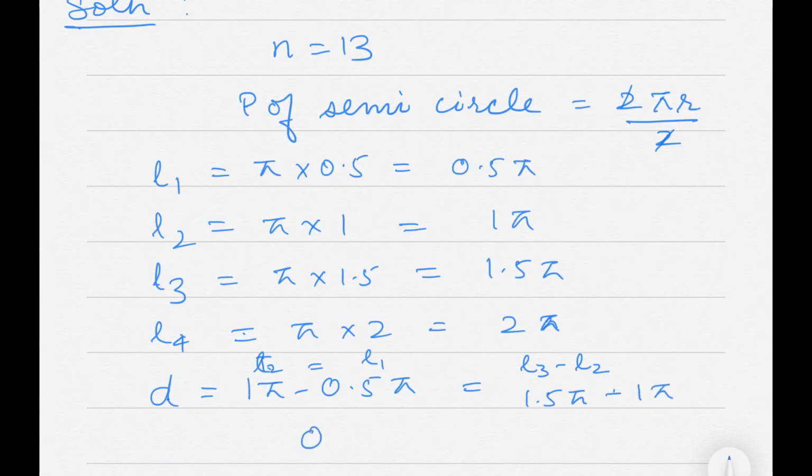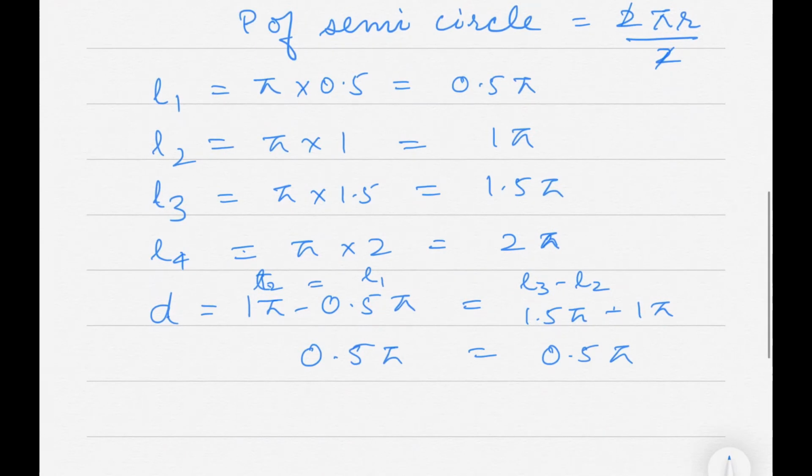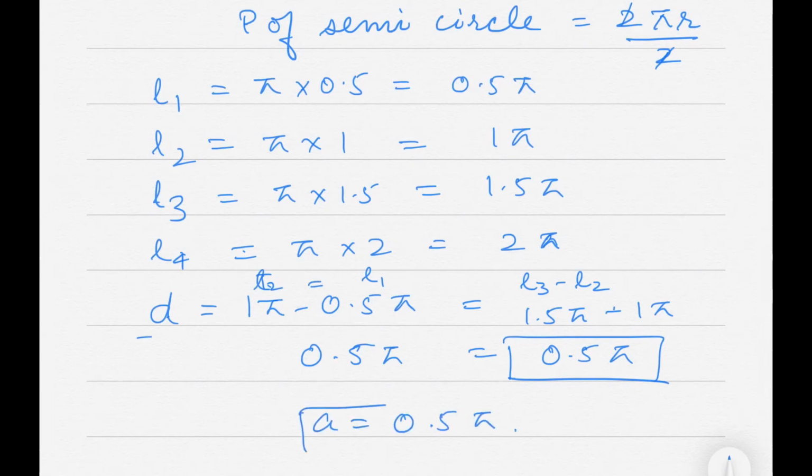Okay, so everywhere I am getting 0.5 pi. So that means my common difference is equal to 0.5 pi. Okay, and my a is equal to 0.5 pi, that is also given, right? So d is equal to this, and my a is given.